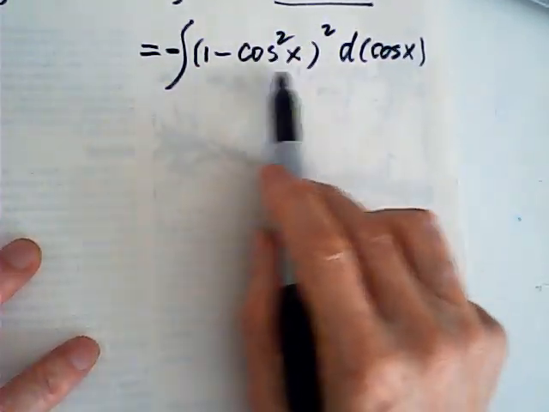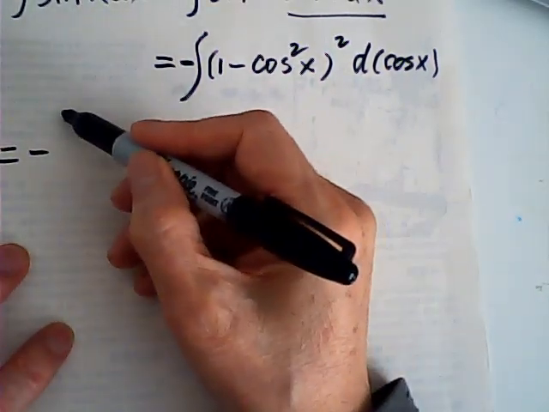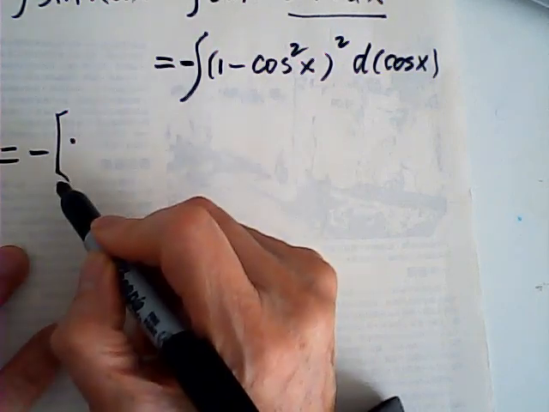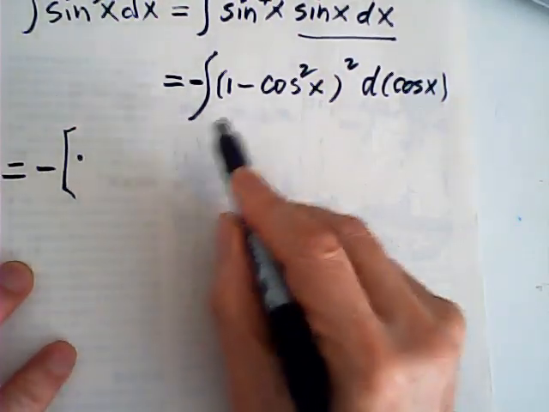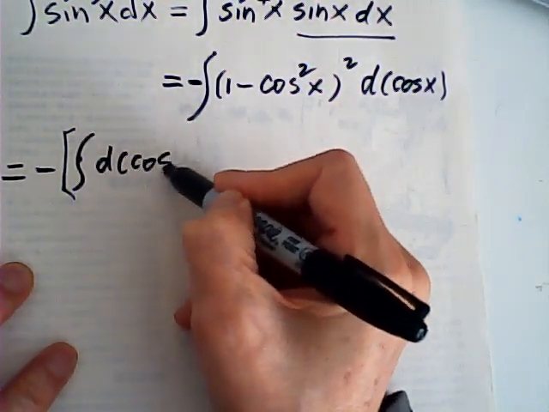Understand? This is sine square, sine fourth. So this one is equal to negative, 1 times this d cosine x.